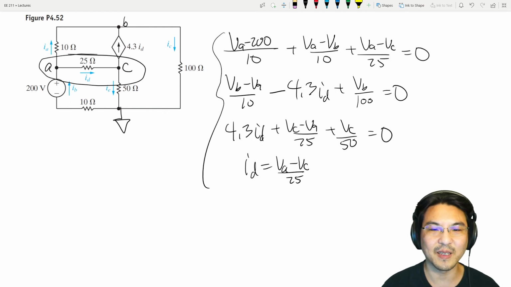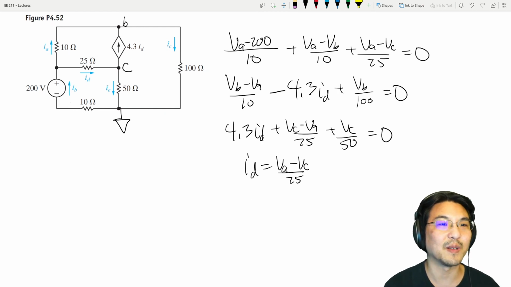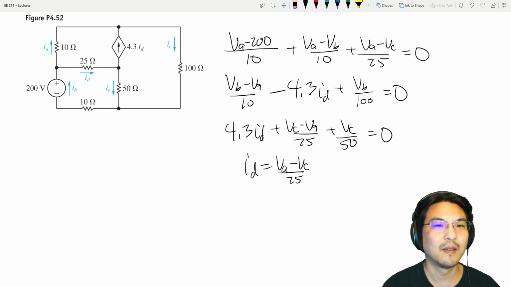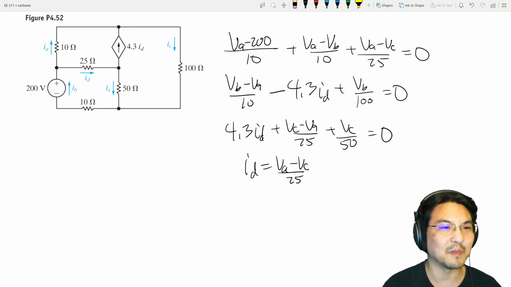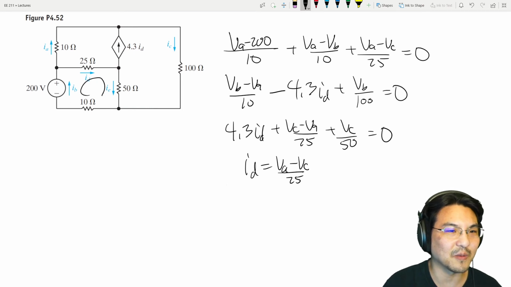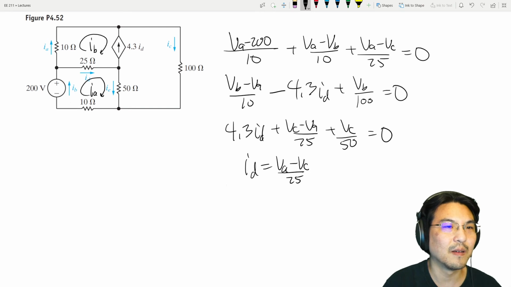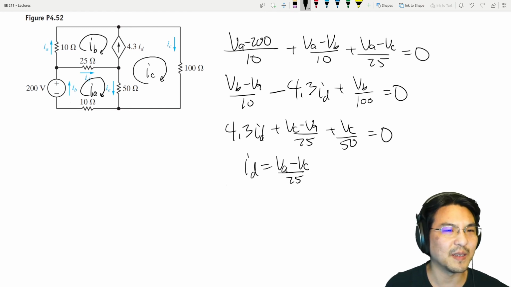Okay, now let's say you wanted to use the mesh current method. So let me draw some mesh currents. So let's say, okay, let's draw one over here, here, here. Okay, is there any that it's solved immediately?